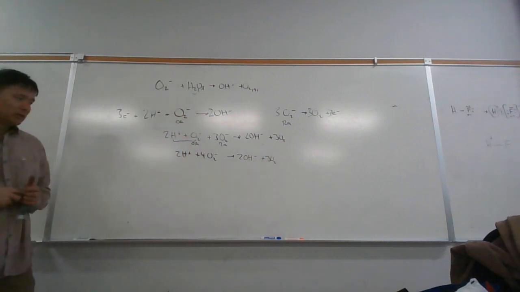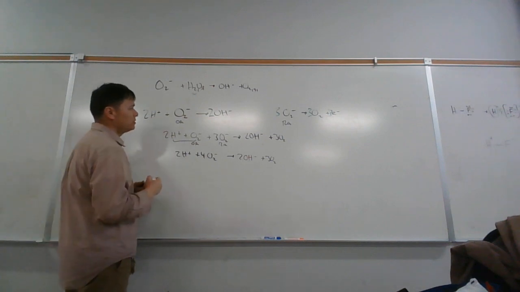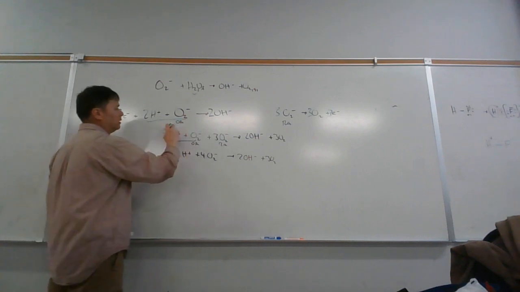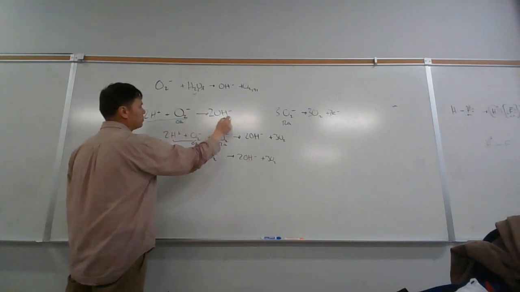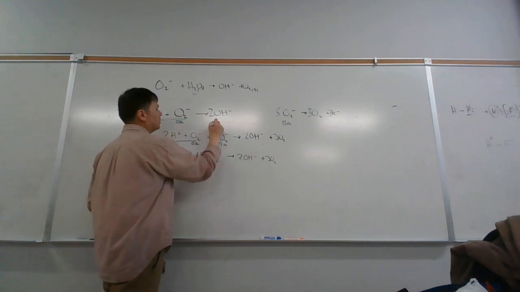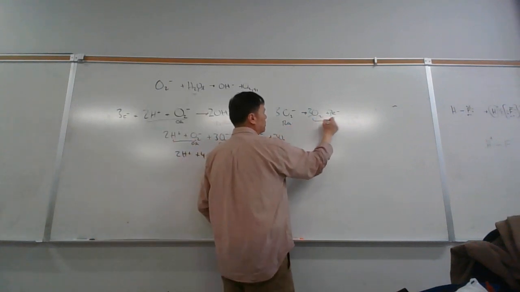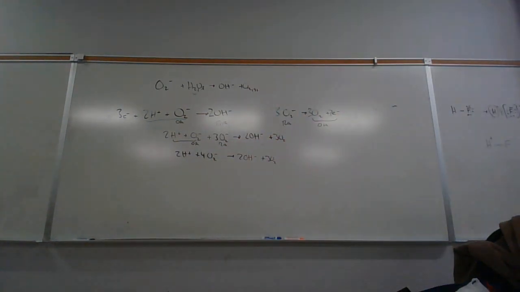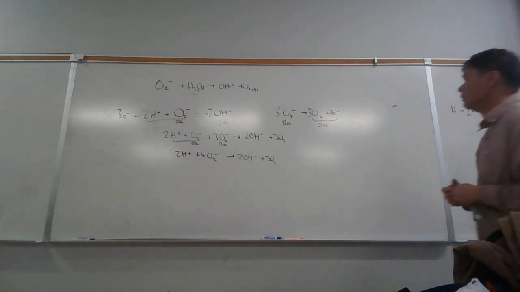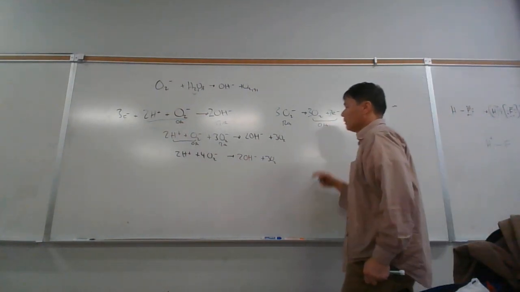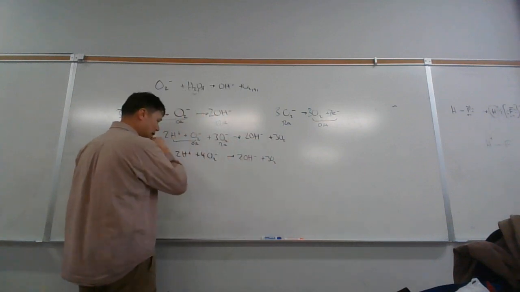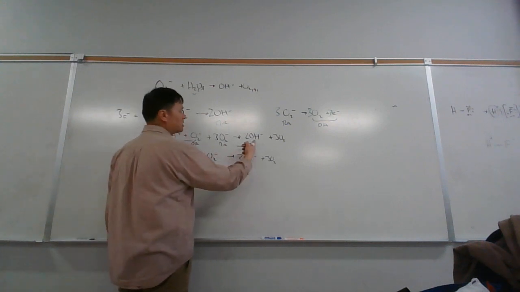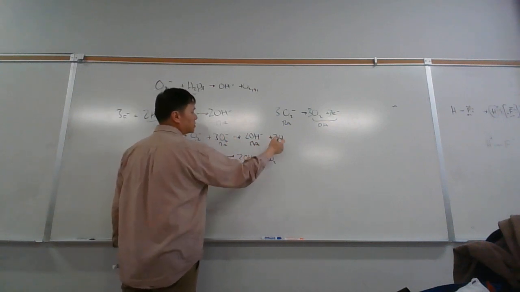There is a driving force for this. And so we use the conjugate relationship here to figure it. So if this is our oxidizer in the forward direction, then this will be our reducer in the reverse, the conjugate. If this is our reducer in the forward, then this will be our oxidizer in the reverse. So what we're going to have here is this. Probably we might leave it in this form here. The hydroxide will be our reducer, and the oxygen will be our oxidizer.